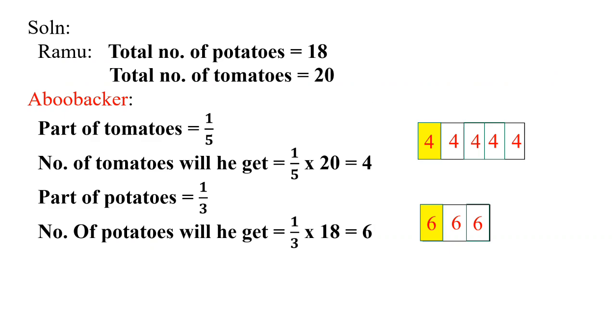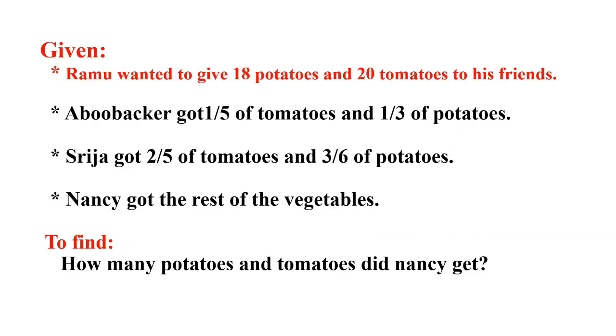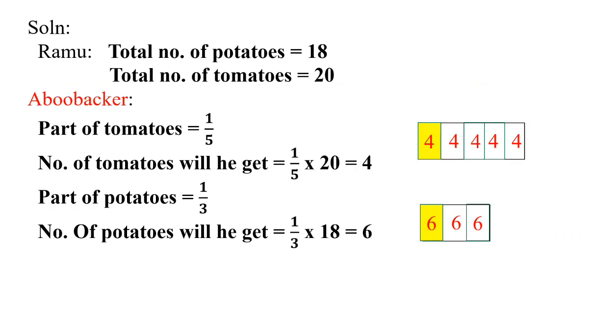Ramu has a total of 18 potatoes and 20 tomatoes. Abu Bakr's part of tomatoes is 1/5, and his part of potatoes is 1/3. How many tomatoes will he get? Already we know that we multiply the part with the total.